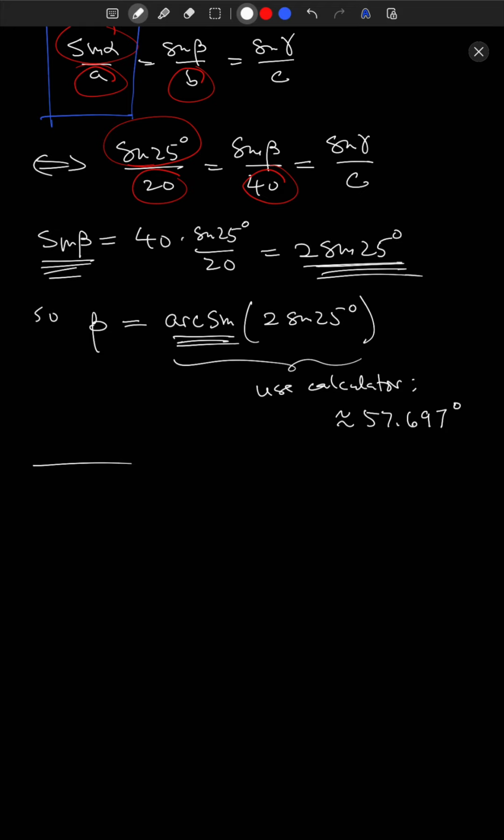However, there's the possibility that there's another angle where sine of that angle is also 2 times sine of 25 degrees, right? And you can see that in the picture. So here's sine between 0 and 180 degrees. We're working with triangles, and triangles only have positive angles.